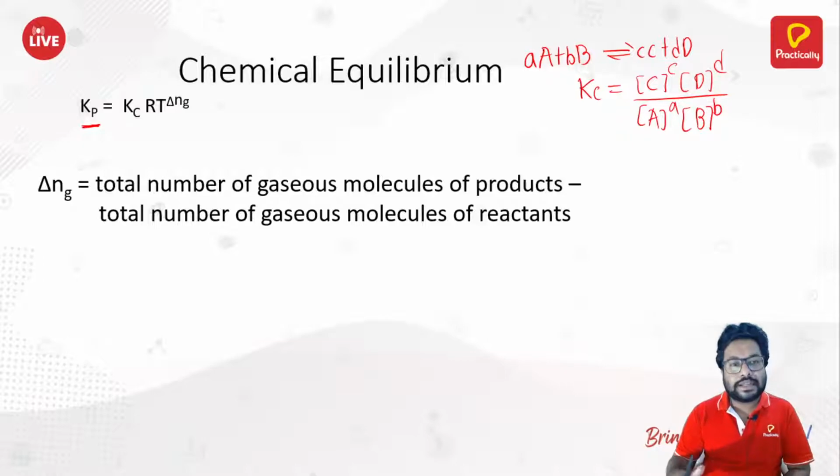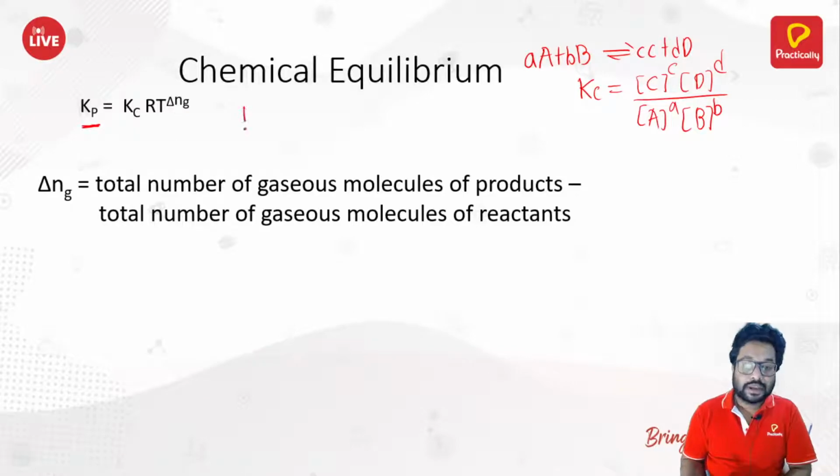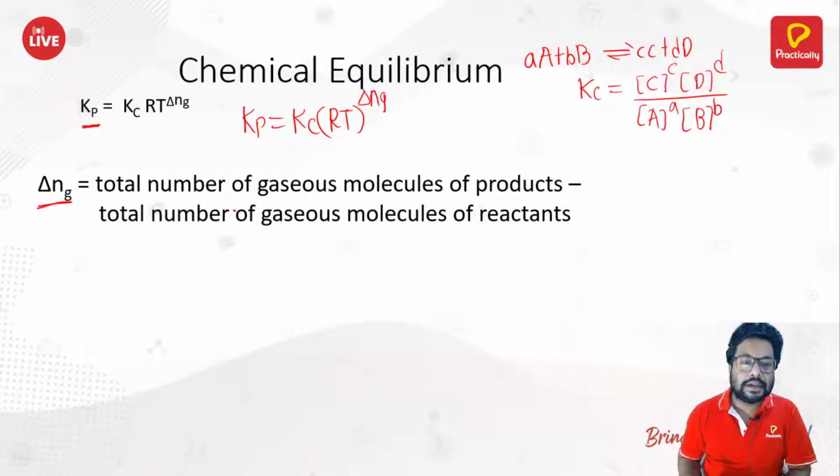By considering all of that, we derive the equation Kp is equal to Kc (RT) raised to delta Ng. Kp is equal to Kc (RT) raised to delta Ng, where delta Ng is the total number of gaseous moles of product minus the total number of gaseous moles of reactant.